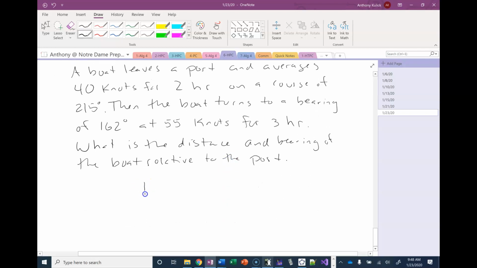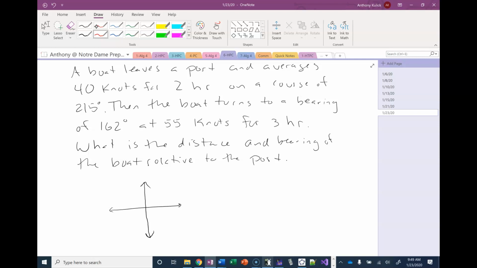So I'm going to start by drawing the first vector for the first leg of our journey. So it says the boat goes on a course of 215 degrees. When we talk about courses and bearings, how do we draw those angles?